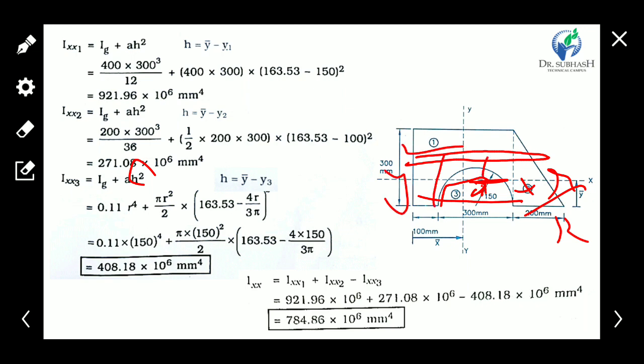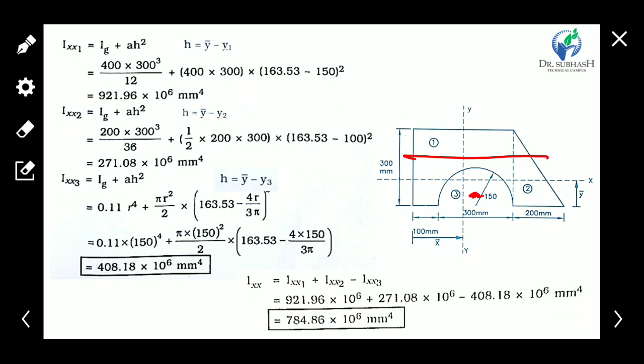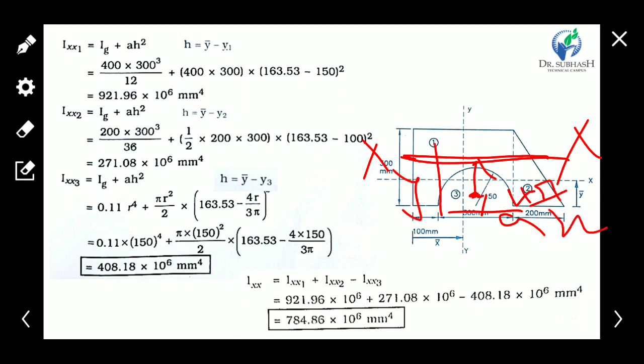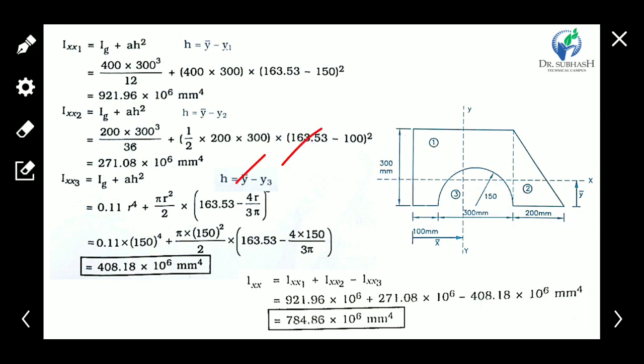So we subtract 4r upon 3 pi from y bar, and we get the distance between the CG of the semicircle and the x-axis. So y bar is 163.53 minus 4r upon 3 pi, and the radius is 150.